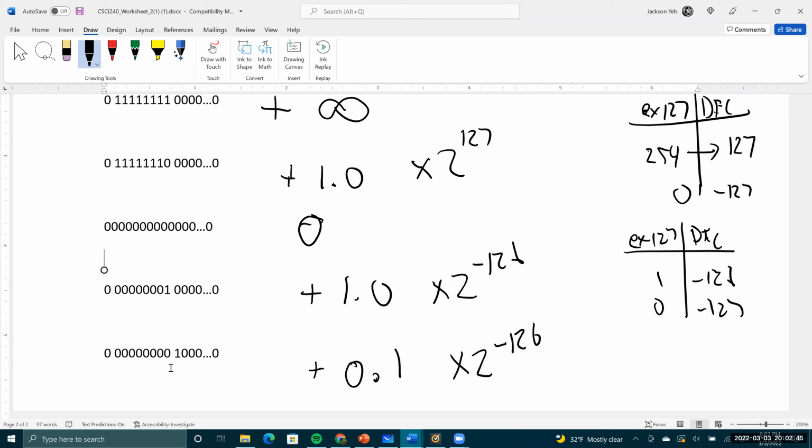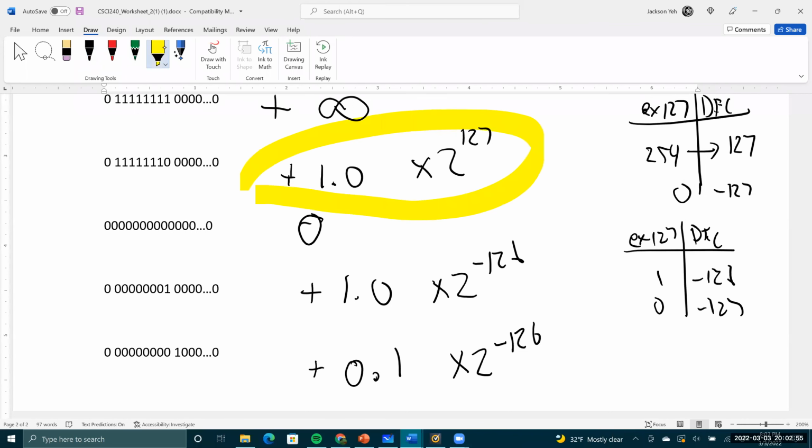For these last questions, you say to put it in scientific notation, but the answer you're accepting is like 0.1 times 2 to the negative 126. Yeah, this is binary scientific notation. But would the last one be scientific notation, because the decimal number is less than 1? That's fine.